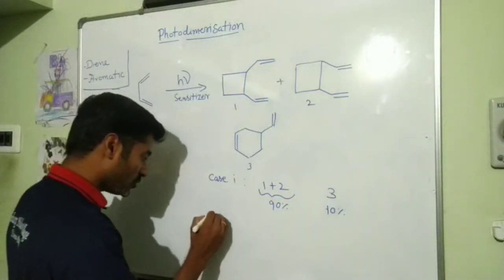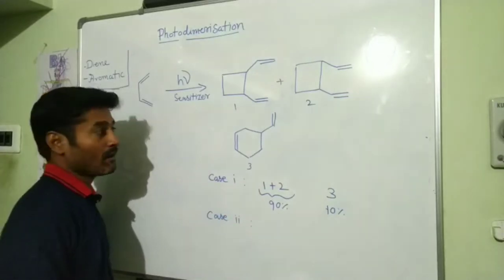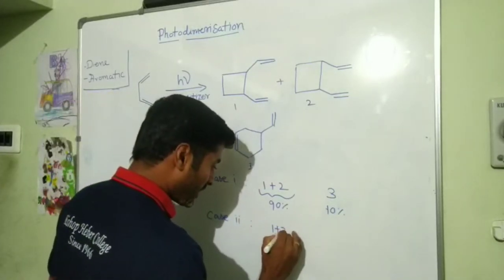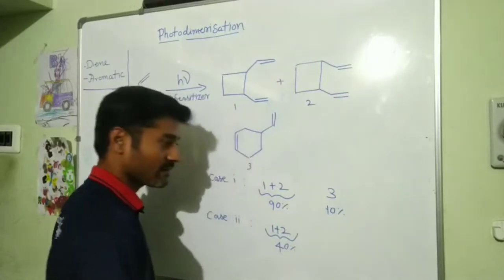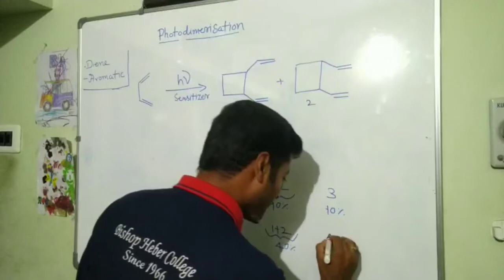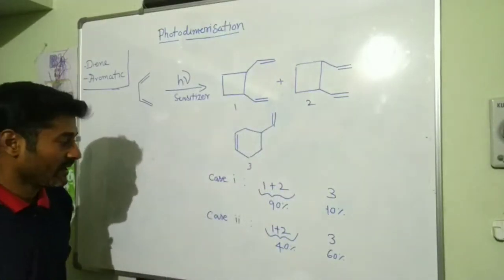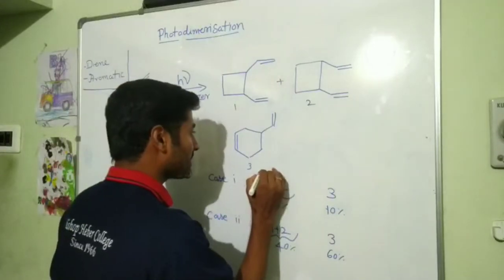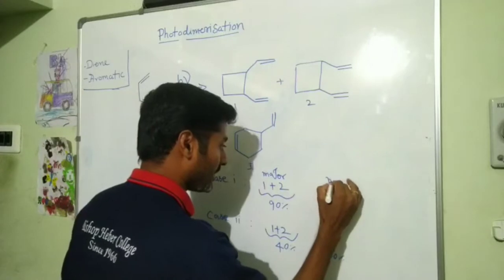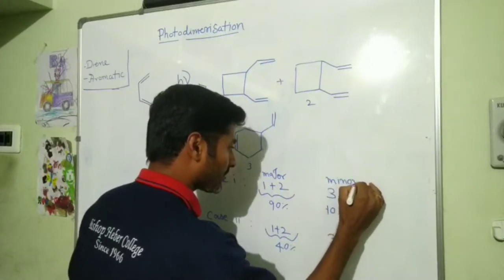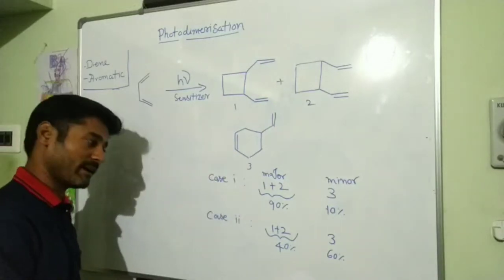In case 2, product 1 and 2 will be around 40%, but product 3 will be obtained with 60% yield. That is, in case 1, di-substituted cyclobutane will be the major product, and the 6-membered ring product will be the minor product.